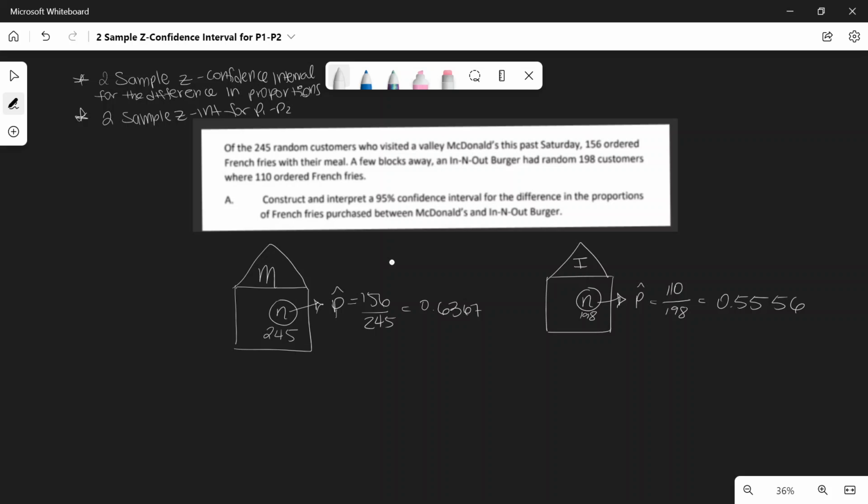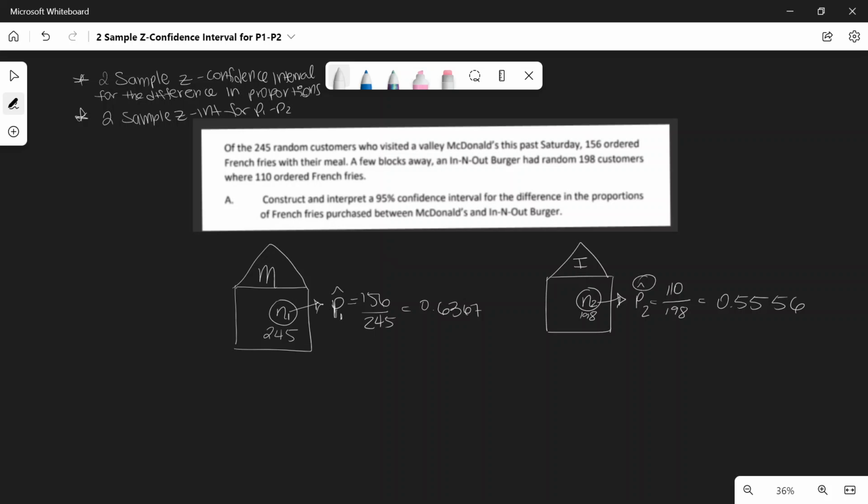And now they're telling us to construct and interpret a 95% confidence interval for the difference in the proportions. So again, we have one proportion here, and then we have another proportion here. I'm just going to start by labeling it. This is going to be n1 because this is sample 1, and this is going to be n2 because it's sample 2. This is going to be point estimate 1, or proportion 1, and we're going to call this point estimate 2.